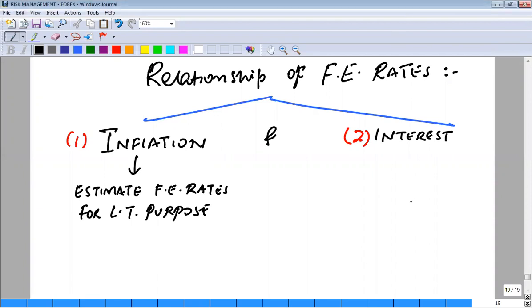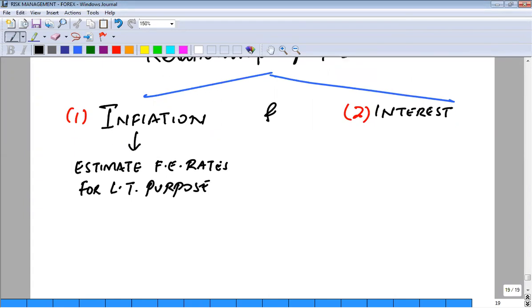For example, more than 1 year. Let's suppose you are an Australian-based company and you have an investment plan in England for 5 years, and you have to estimate the NPV. For the sake of NPV, you have to estimate the exchange rate for long-term purposes.